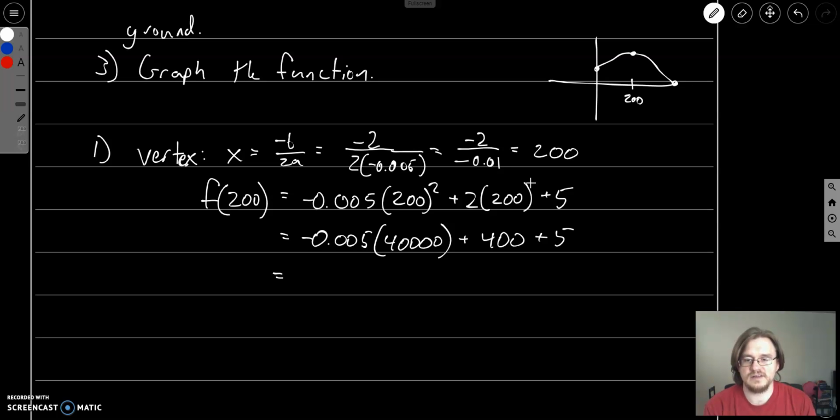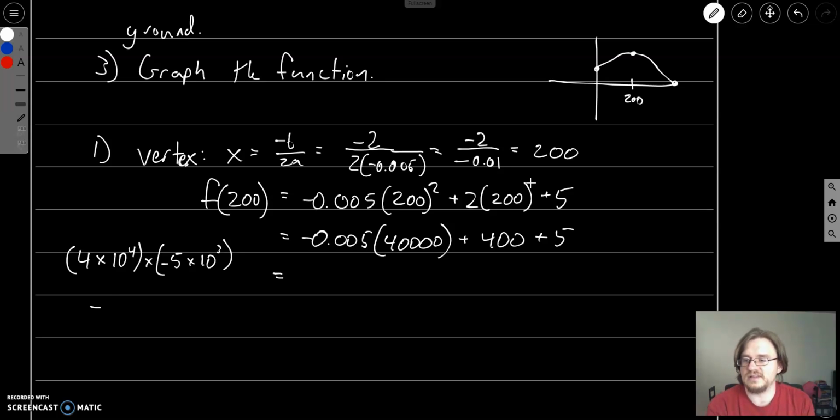Multiplying this out, so this is 4 times 10 to the 4th times negative 5 times 10 to the 3rd power.